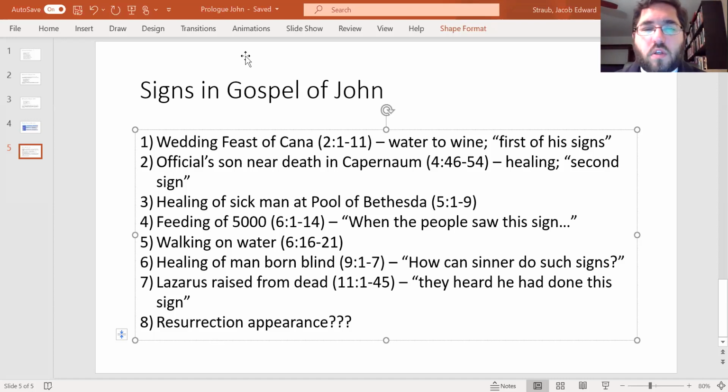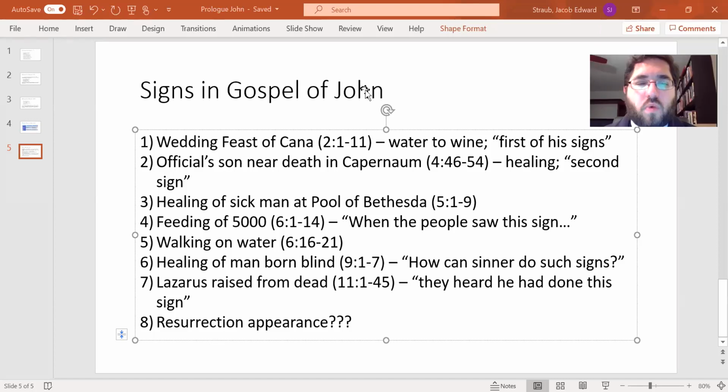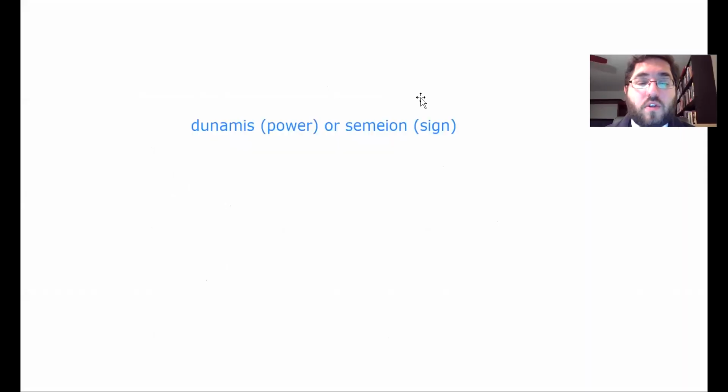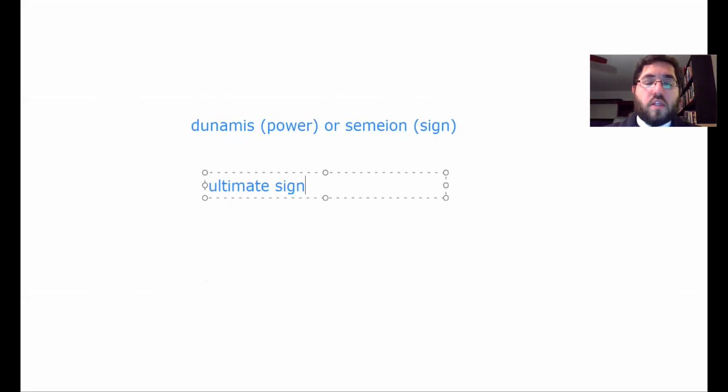And what is that ultimate sign? That is the cross. It is as Jesus is transitioning from the book of signs into the book of glory.